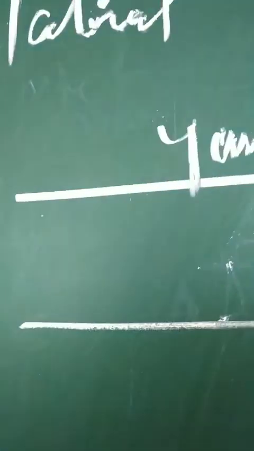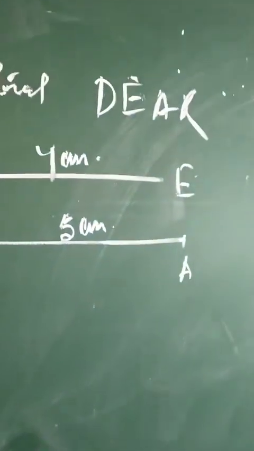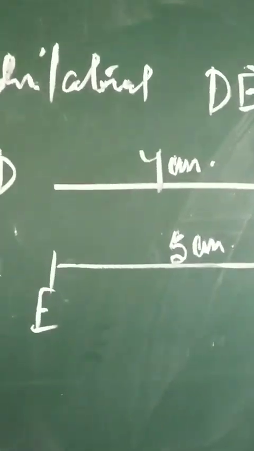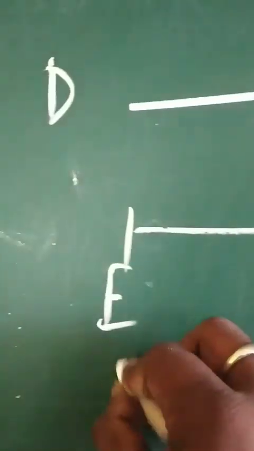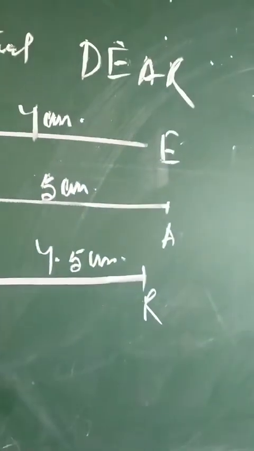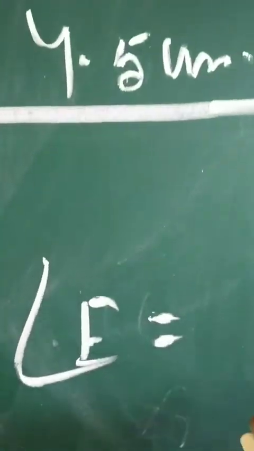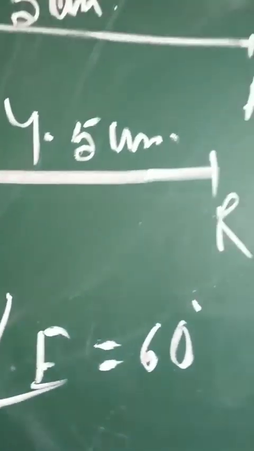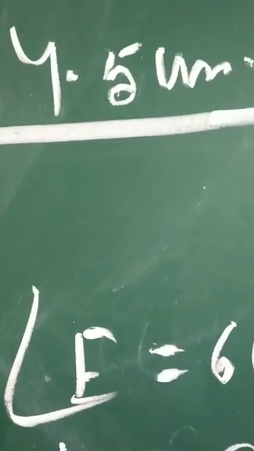The next measure is AR, 4.5 centimeter. And the measure of the other parts are: angle E is 60 degree, and angle A is 90 degree.